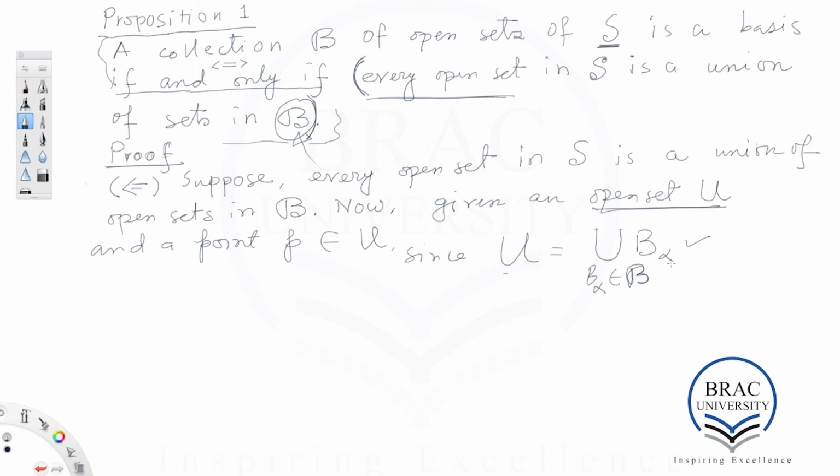So since this is true, there is a B alpha in this subcollection such that P is contained in that element of the subcollection, and well, U is written as a union of all these elements, right?